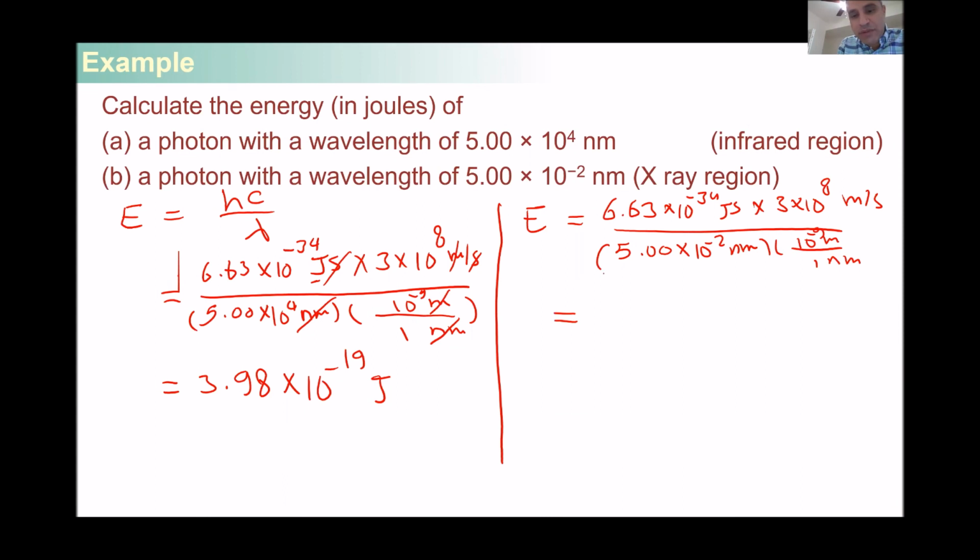And carry out the calculation. It should give you basically the same base, which is 3.98 times 10 to the negative 15 joules.